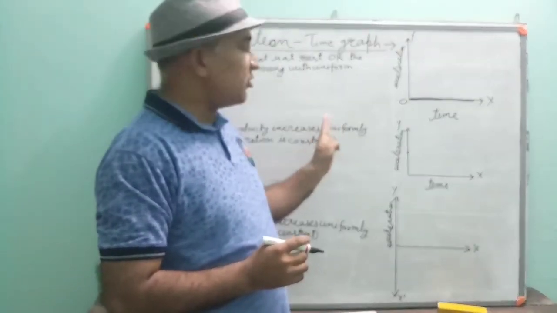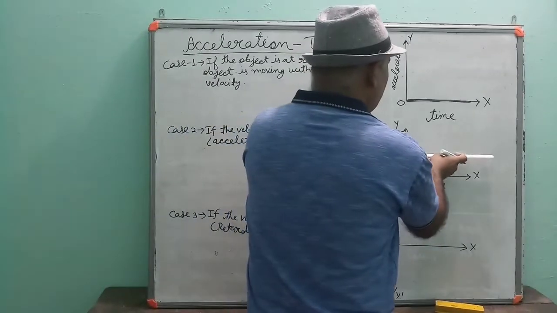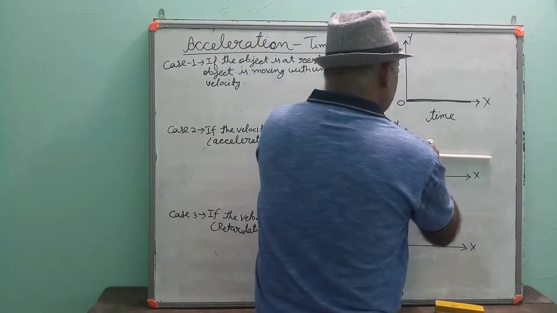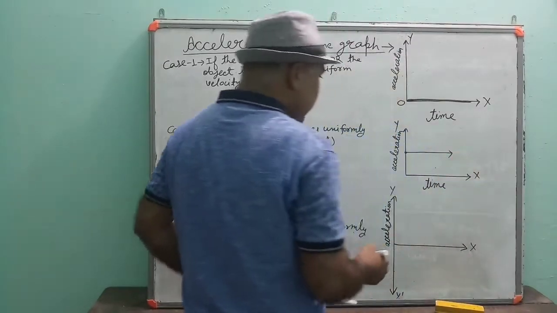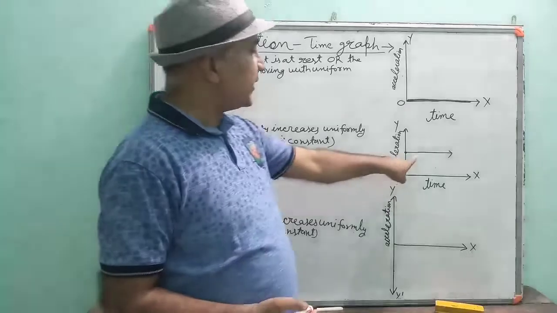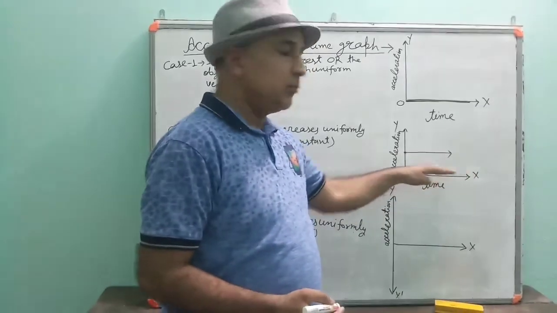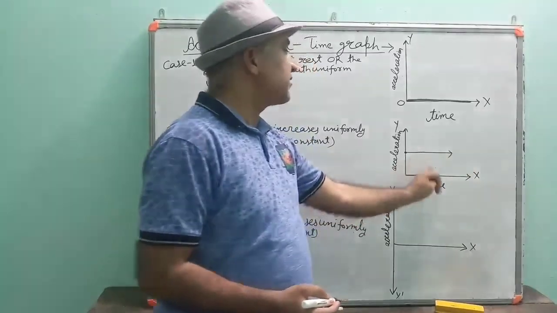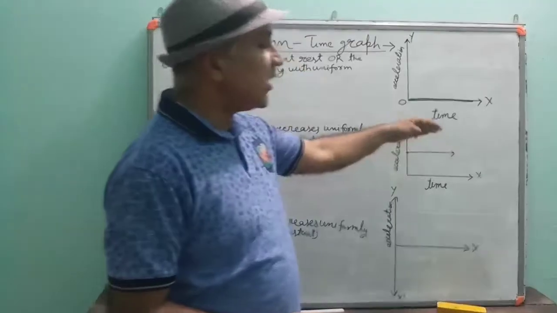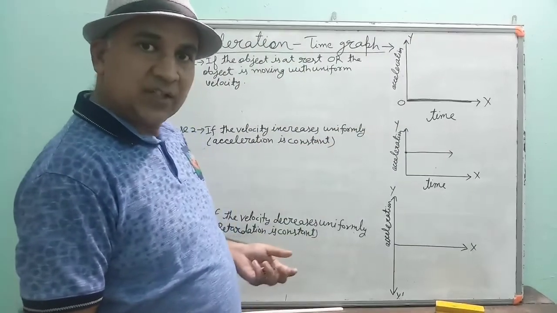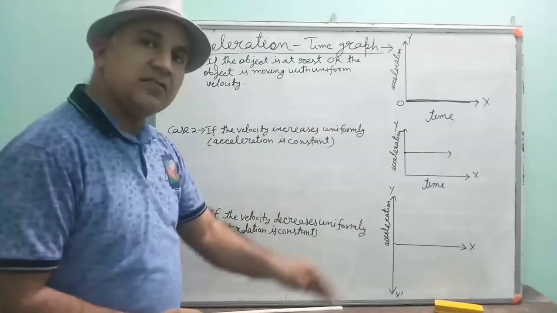By this acceleration the object is moving, and being constant, we will find a straight line parallel to the x-axis. Can you see the acceleration is constant at every time? Time is increasing, but the acceleration is constant, so we get a line parallel to the x-axis. Understood?